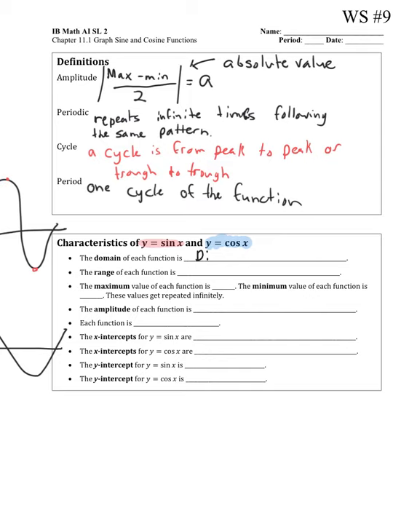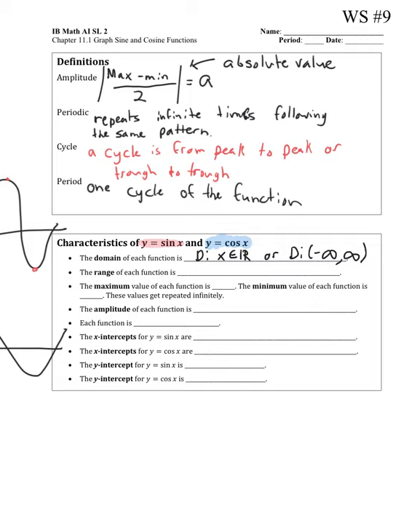We could say, let's do this properly, x is an element of all real numbers. Or in interval notation, negative infinity to positive infinity. You can put it in either notation you want. That's entirely up to you. That's the domain of each parent function, if we were just to graph them.